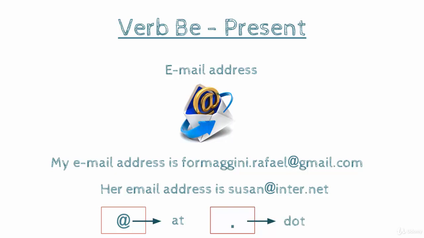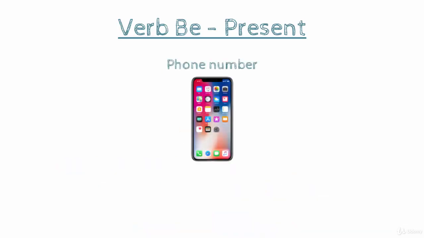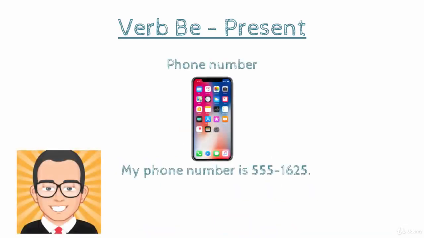And of course, we can use it for phone numbers. Let's see some examples. My phone number is 555-1625. You can repeat after me, okay? My phone number is 555-1625.